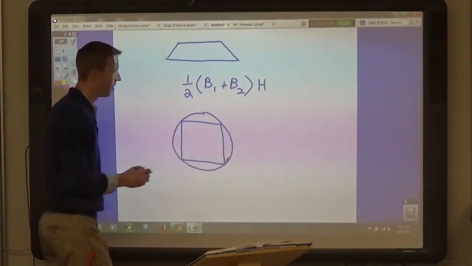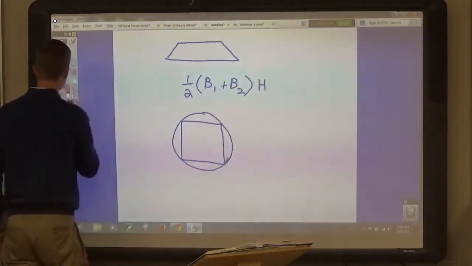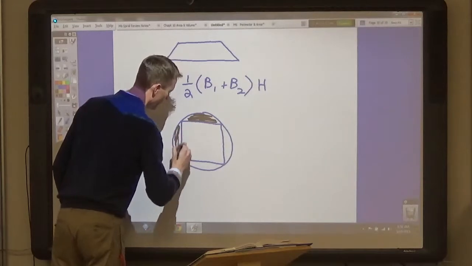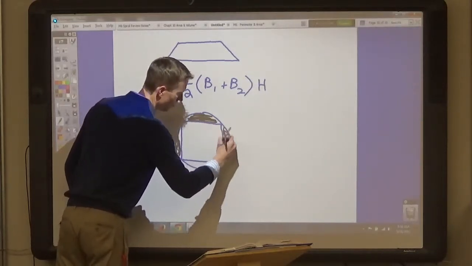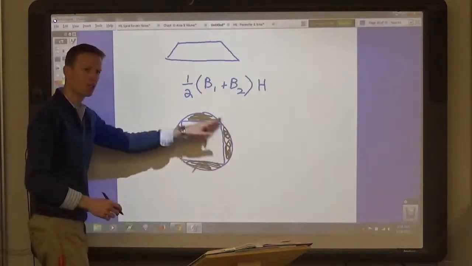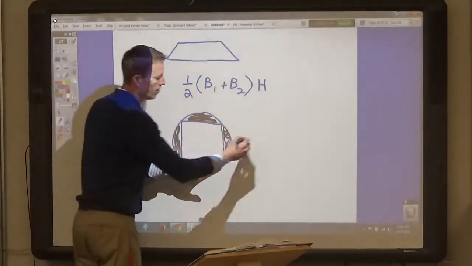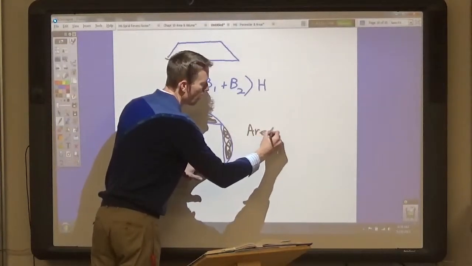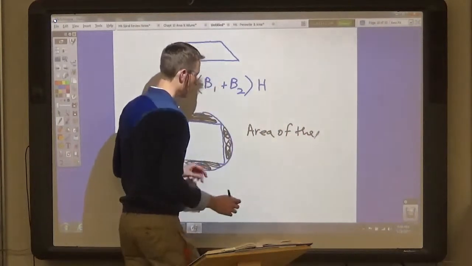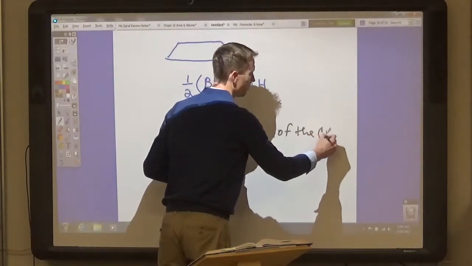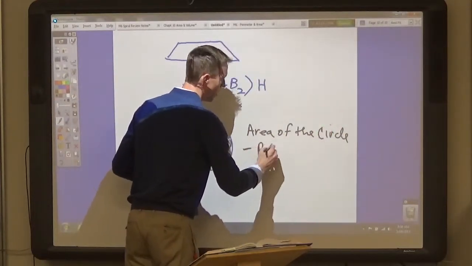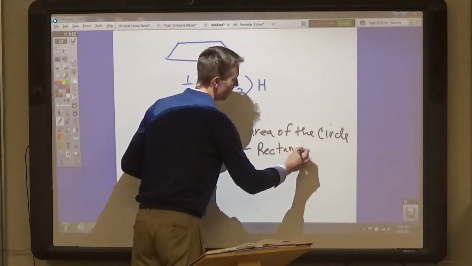All right? So, for example, if we have a circle, you'd have to find the area of the circle and then subtract the area of the triangle. I'm sorry, the square or the rectangle. Minus the rectangle. Right?